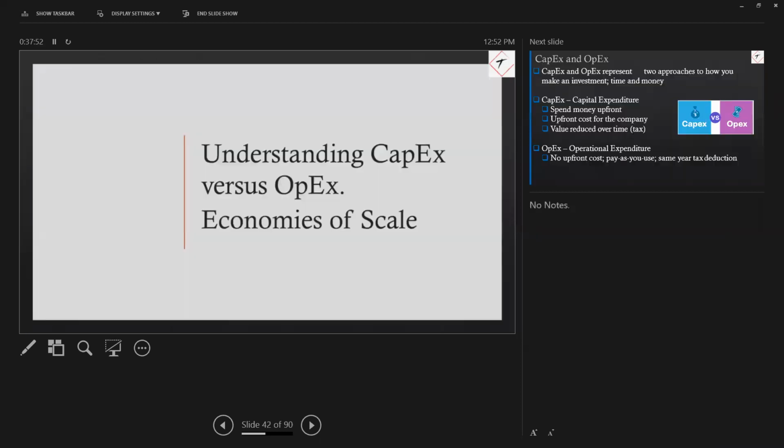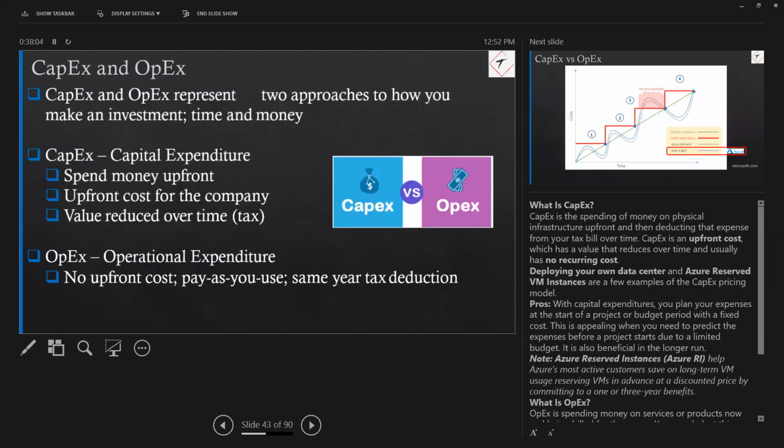it is required. So let us look at capital expenditure versus operational expenditure, and let us see what economies of scale is. Capital expenditure is spending of money on physical infrastructure upfront and then deducting this expense from your tax billing over time.